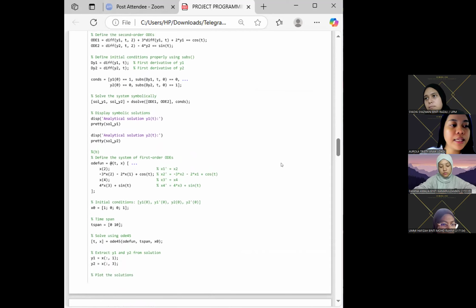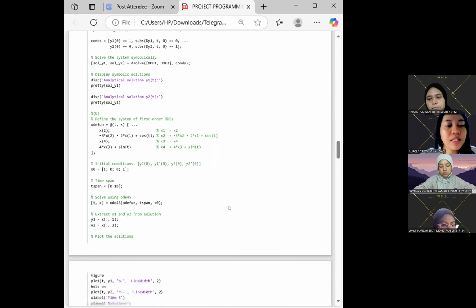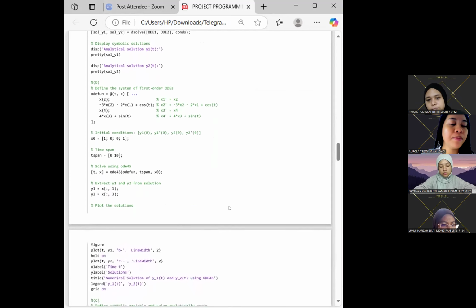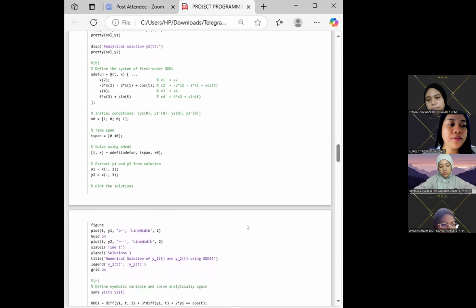Next, we set the initial condition to [1, 0, 0, 1], and the time interval 0 until 10. Using ODE45, we solve the system numerically and extract y1 and y2 from the solution. Finally, we plot both y1 and y2 to visualize the numerical solution.